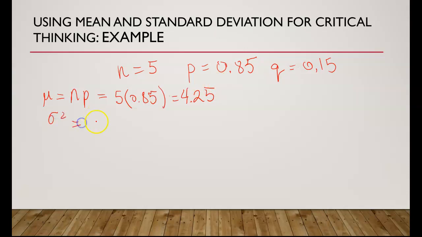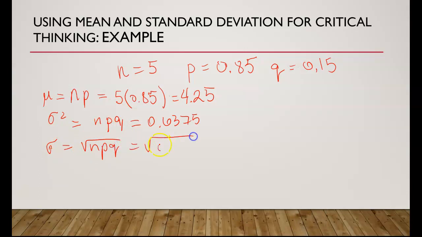Variance is equal to n times p times q, which is 0.6375, and standard deviation is equal to the square root of n times p times q. The square root of 0.6375 is 0.798, rounded to 3 significant digits.